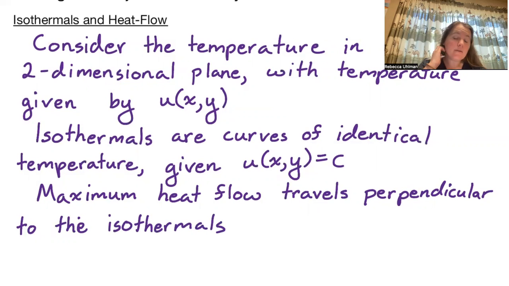And so since the heat flow is traveling perpendicular to the isothermals, we can use orthogonal trajectories to represent maximum heat flow.